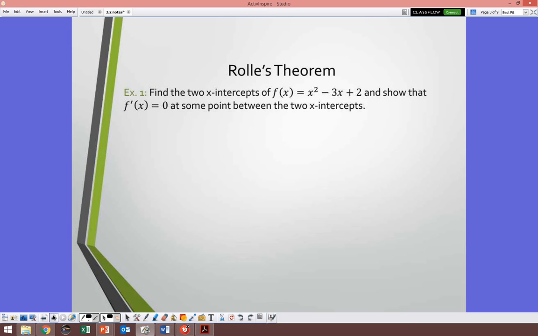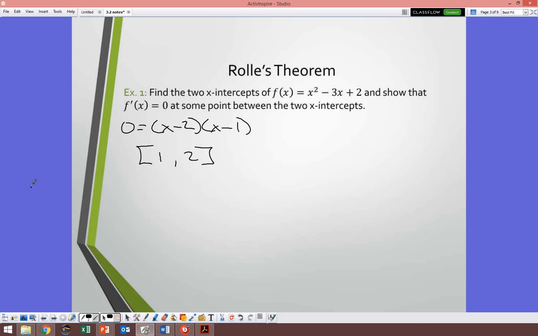So it's going to be x minus 2, x minus 1 is equal to 0. Where are the points? x equals 2 and x equals 1. So my points are going to be 1 and 2.